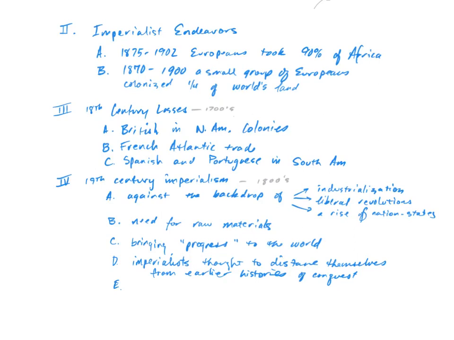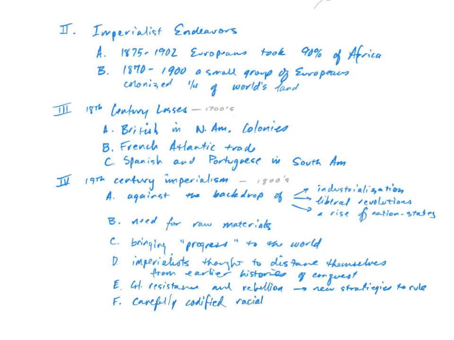Colonial resistance and rebellion forced Europeans to develop new strategies of rule, including carefully codified racial and ethnic hierarchies.